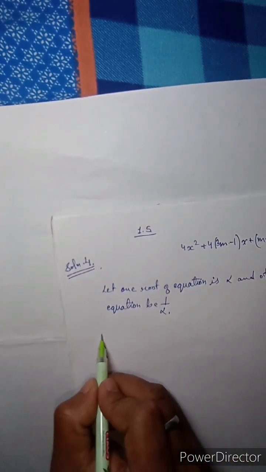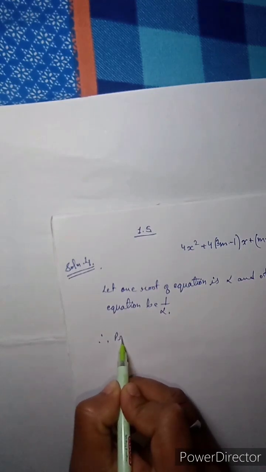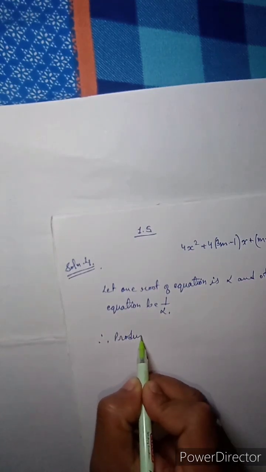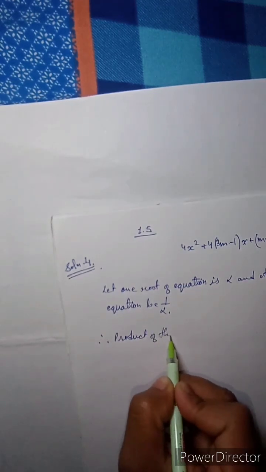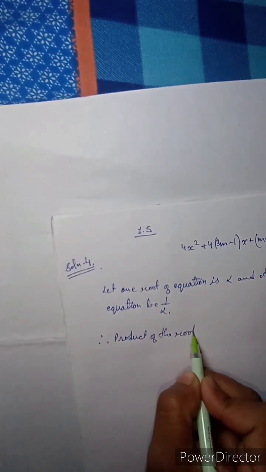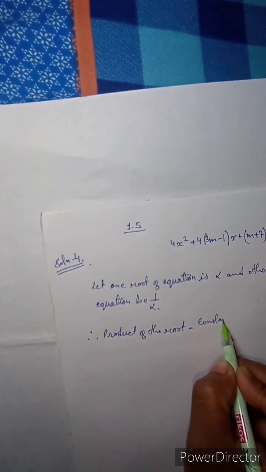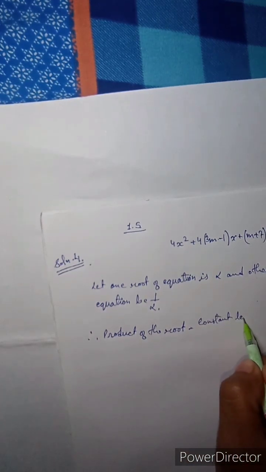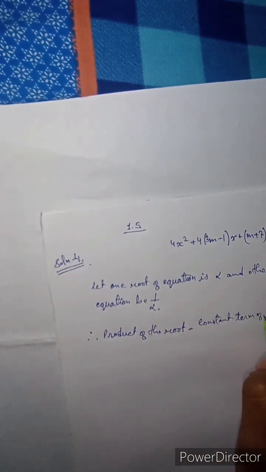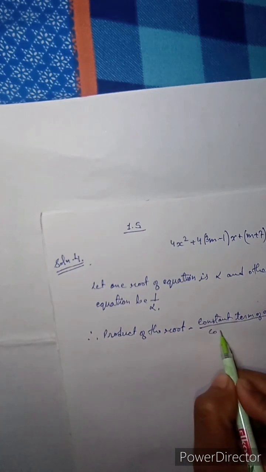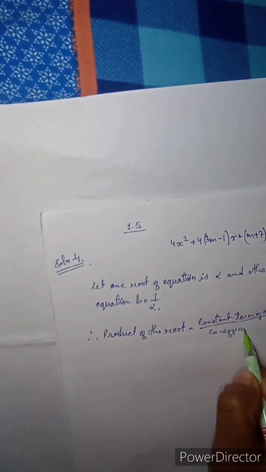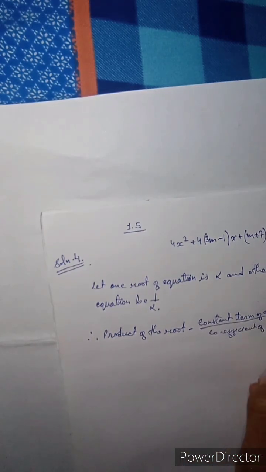Now there is one formula that we apply: the product of the roots is equal to the constant term of the equation divided by the coefficient of x square.